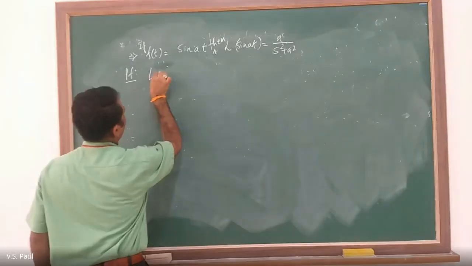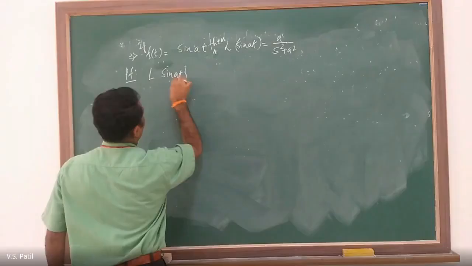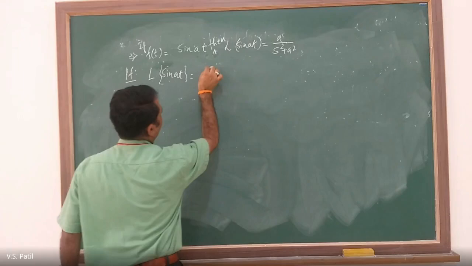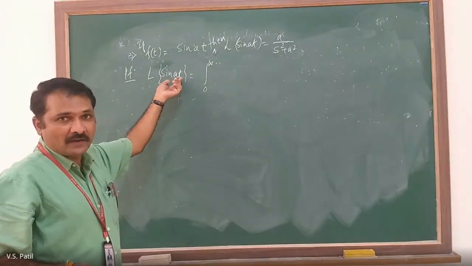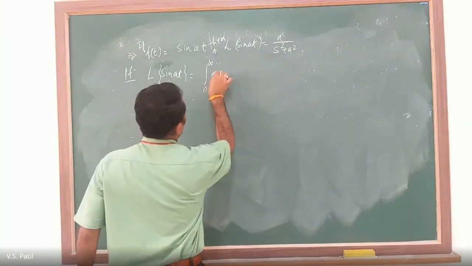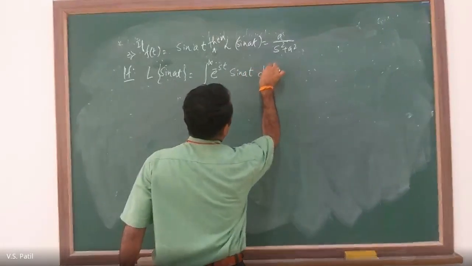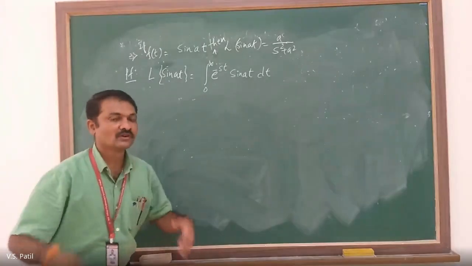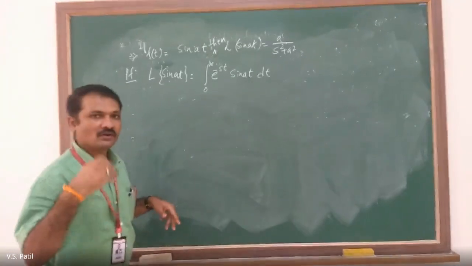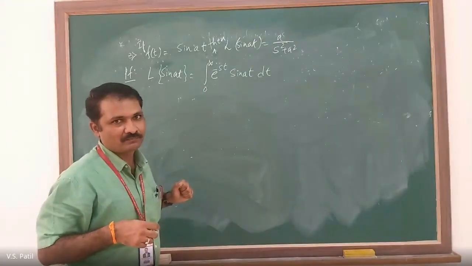See, consider the Laplace transform of f of t, which is the integration from 0 to infinity. Now this is your f of t. So what is this? e to the power minus s t into sin a t dt. Agree? My question is, how are you going to simplify this?